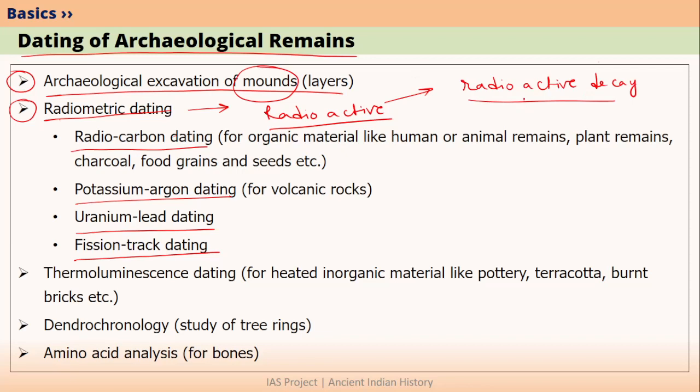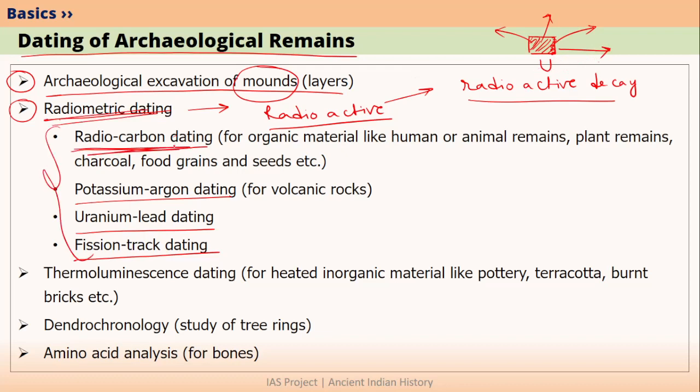In radioactive decay, any radioactive material that is present will start emitting certain kinds of radiation: alpha, beta, gamma rays and all those. When they start emitting radiation, the element, for example uranium, will not remain uranium anymore, but little by little it will start decaying into other products. This is called radioactive decay.